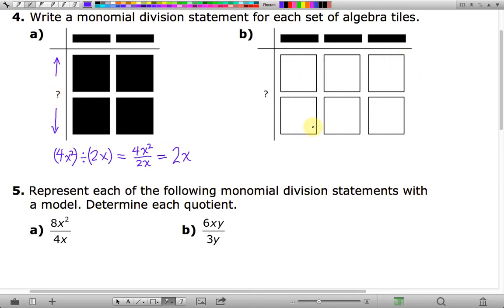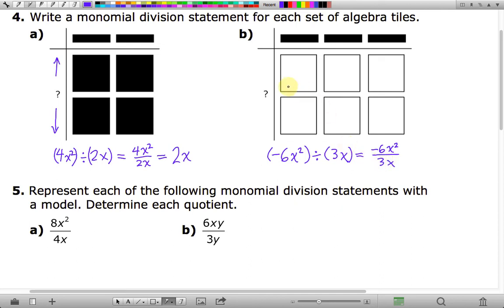So likewise here, you can see that we've got 6 of a certain kind of tile, and these are negative x squared tiles. So this is negative 6x squared, and we are dividing by 3x. And so this quotient can also be written in this way, negative 6x squared over 3x.